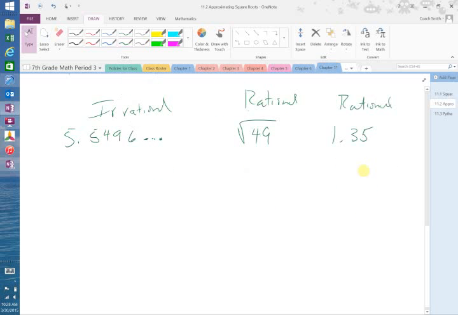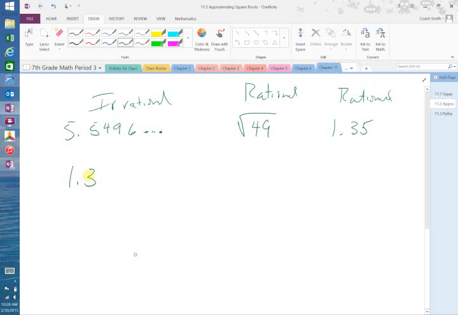This also is a rational number, because it's 1 and 35 over 100, as I just said. Now, 1.3 with a bar over it is also rational, because 1.3 with a bar over it is 1 1/3, which is the same thing if I wanted to take it to its full form, 4/3.